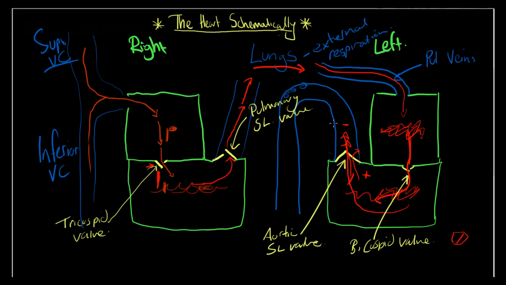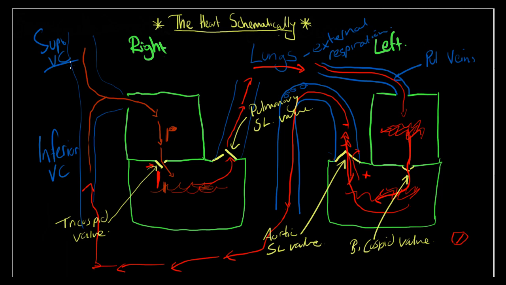So that's basically how we get that to go through there. Okay, and then once we are down in the aorta, we go out into smaller and smaller arteries, which eventually turn into capillaries, which eventually turn into venules and veins, and then we end up back into our inferior or superior vena cava.